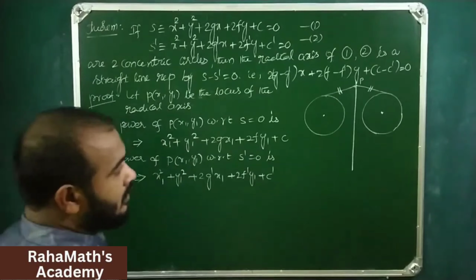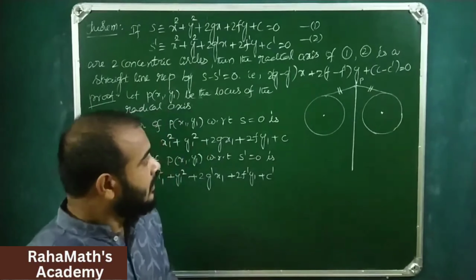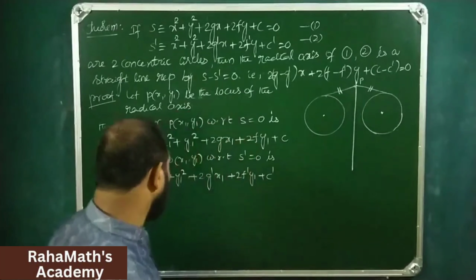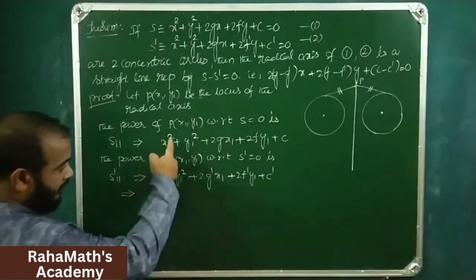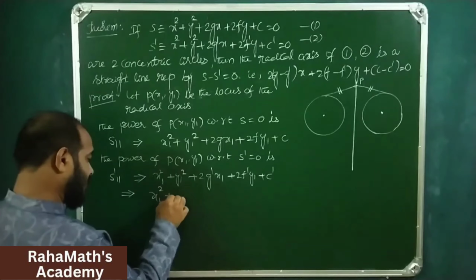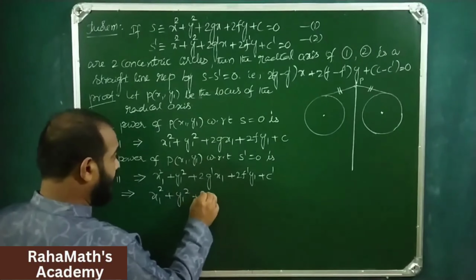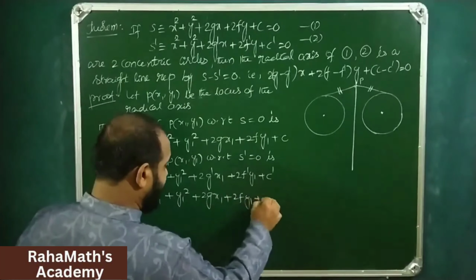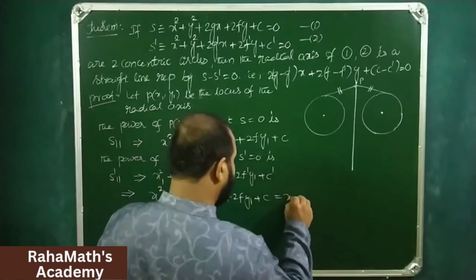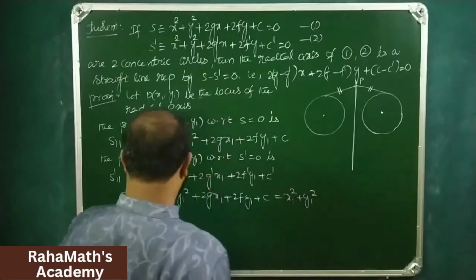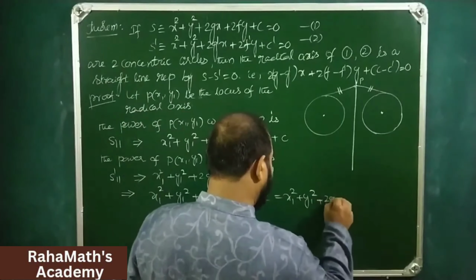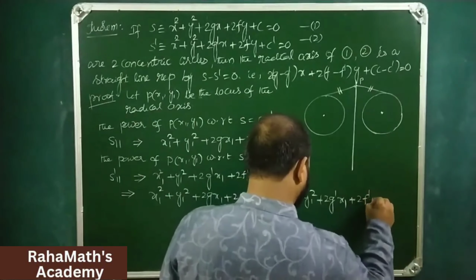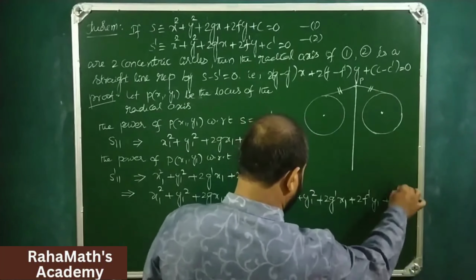So according to the definition of the radical axis, the powers of P with respect to these circles are equal. That is why I will equate these two: x1 square plus y1 square plus 2g x1 plus 2f y1 plus c equals x1 square plus y1 square plus 2g dash x1 plus 2f dash y1 plus c dash.